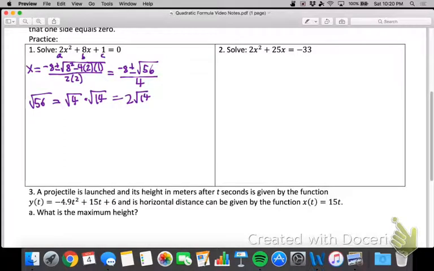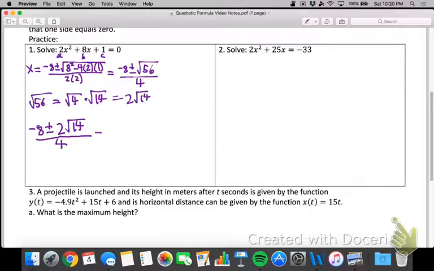So now we get negative 8 plus or minus 2 square root 14 all over 4. Then we can simplify those fractions a little bit. One thing to remember about fractions is you can split a numerator over the denominator.